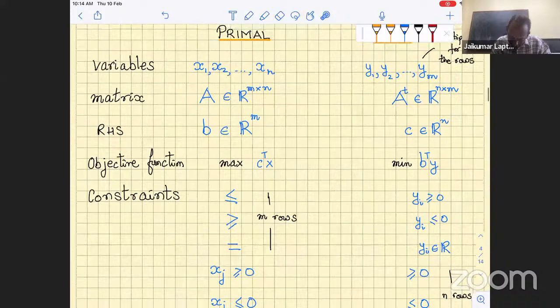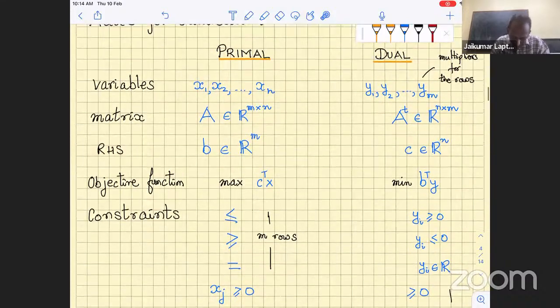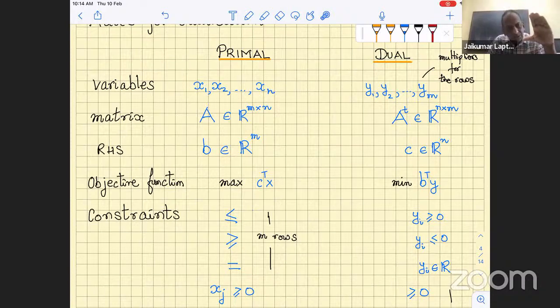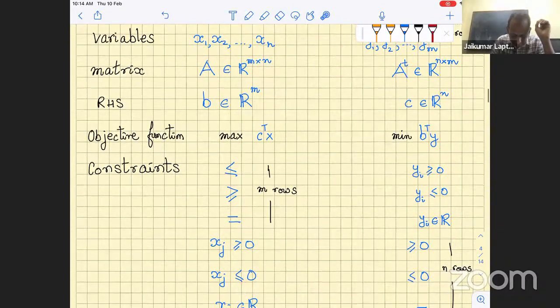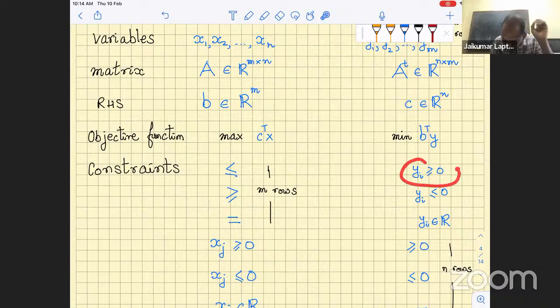Okay. So we have this maximization problem. Then, how is the dual constructed? Well, this is a very mechanical thing that I'm telling you, but it just follows. You are going to use multipliers. So what care must you take with multipliers? If the inequality is already like this, then the corresponding yi's should be greater than or equal to 0.